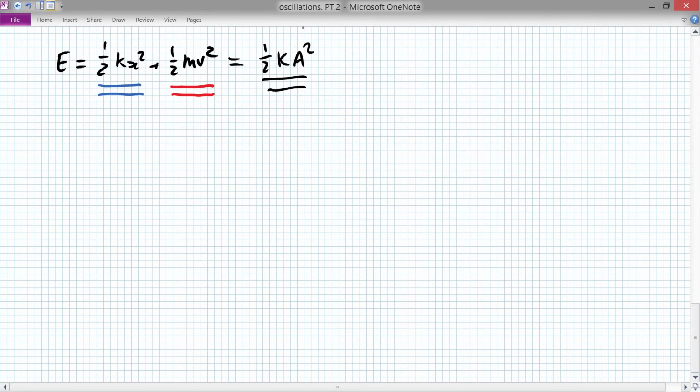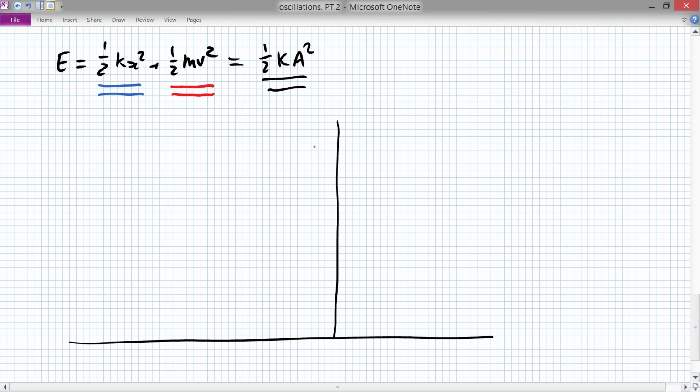So what we're often interested in doing is drawing a graph for this. So over the course of an oscillation, what does this look like? So this axis would be my energy in joules, this would be the position axis, so going from plus A to minus A, and we can draw each of these 3 parts on this graph, and the easiest one to go for is the total energy.